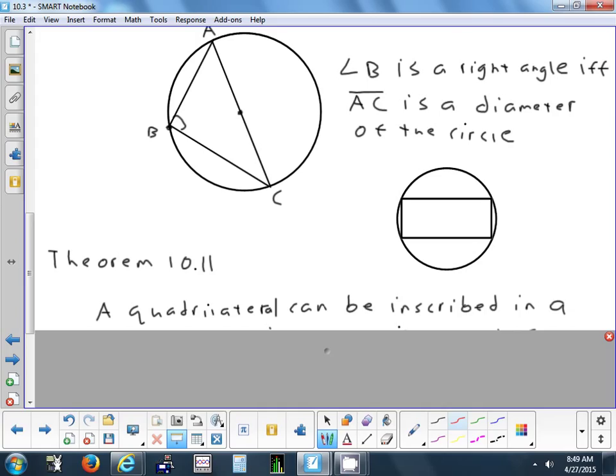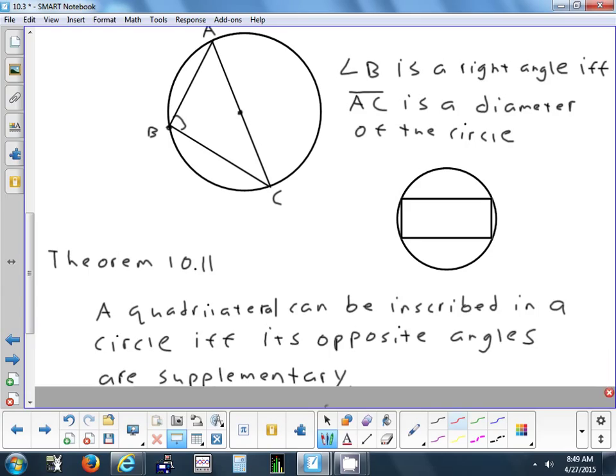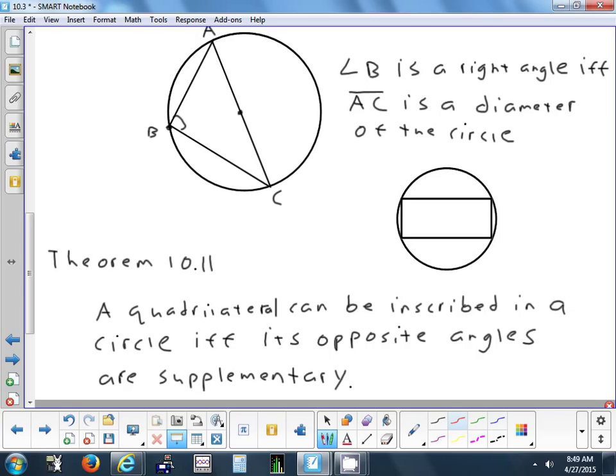Well, your quadrilateral is always going to be 4 chords that make up the sides. No. It's a special relationship between the angles that are across from each other in an inscribed quadrilateral. Well, could you do a trapezoid?